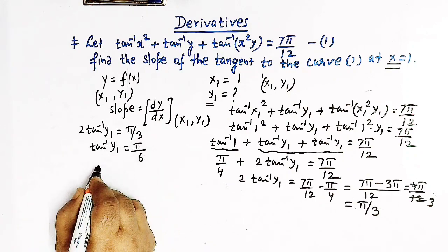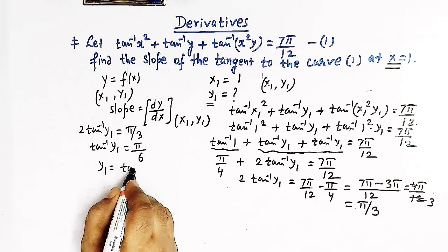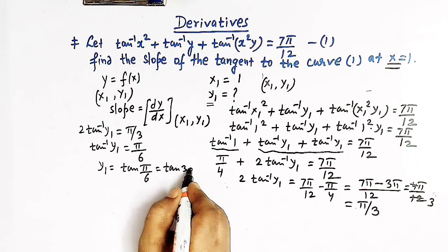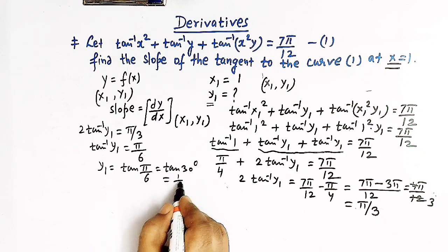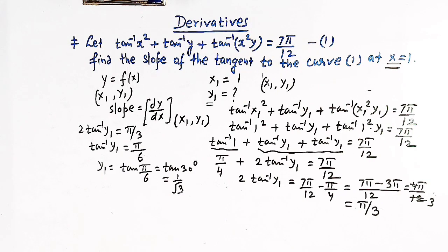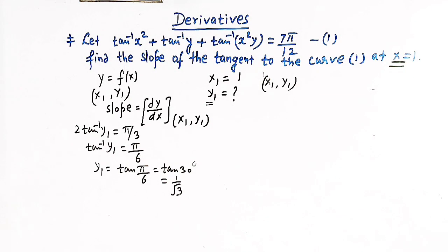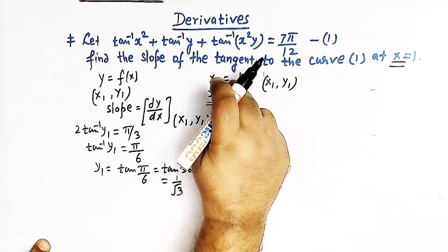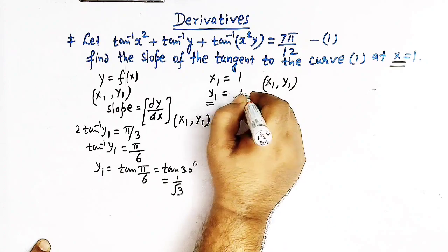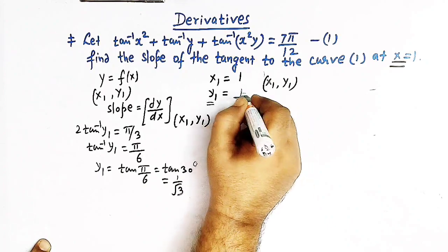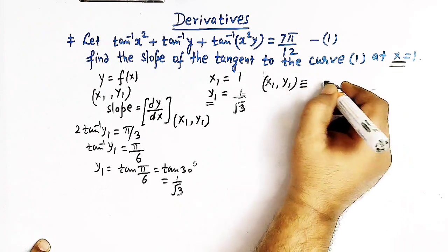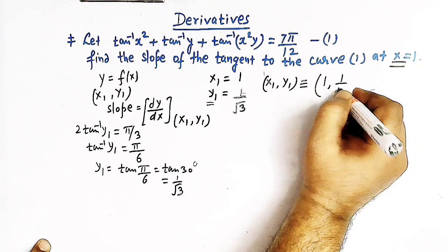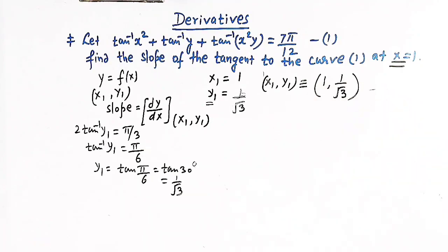So y1 is tan pi by 6. This is tan 30 degrees, which is equal to 1 over square root of 3. So we have obtained the value of y1 as 1 over square root of 3. So the point x1 y1 is 1 comma 1 over square root of 3.